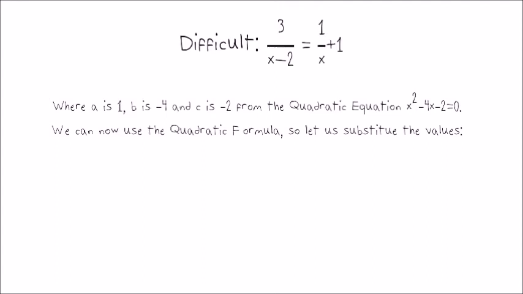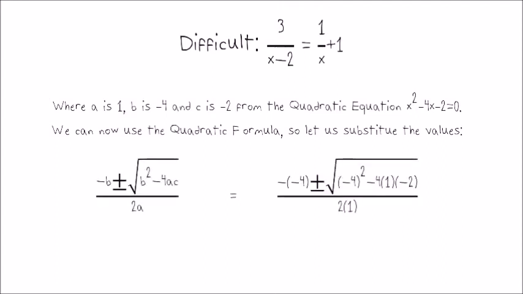So let's substitute the values. Substituting the values into the quadratic formula, you would get negative 1 times negative 4 plus minus square root of negative 4 raised to the second power minus 4 times 1 times negative 2 all over 2 times 1.